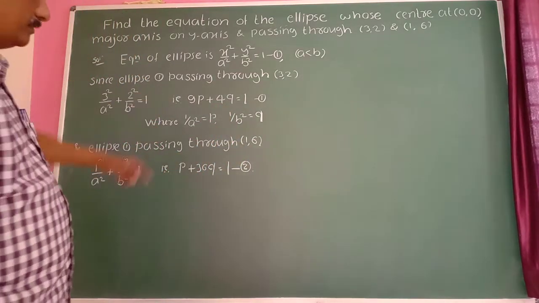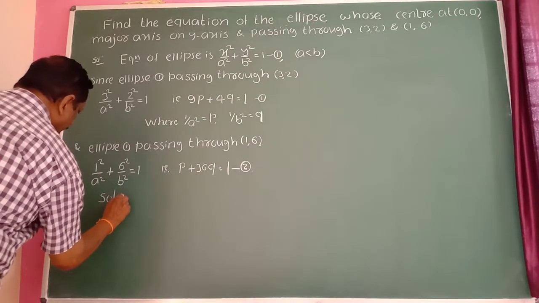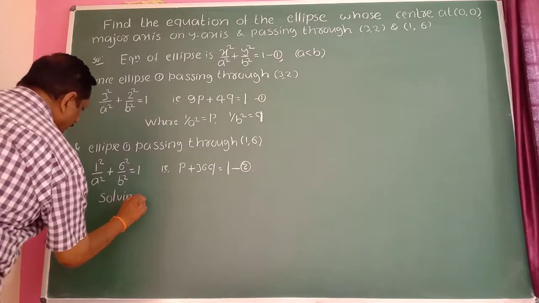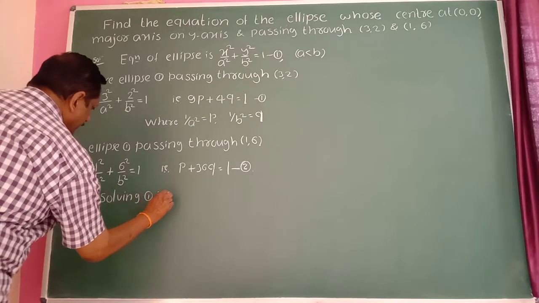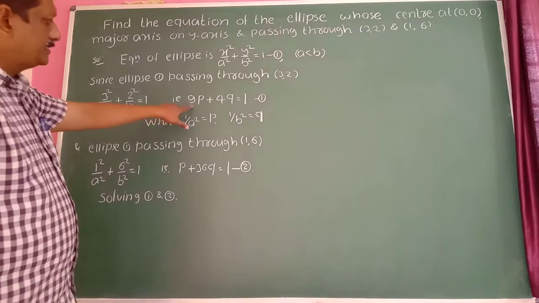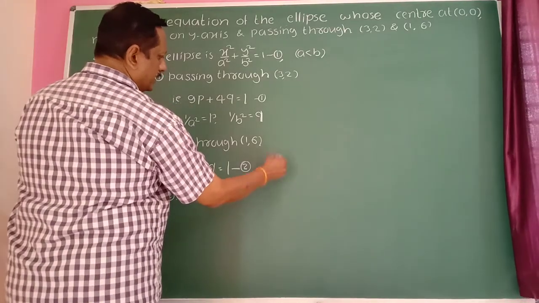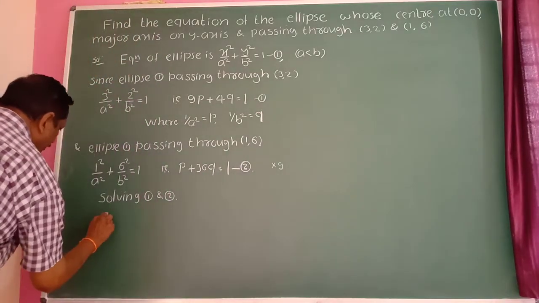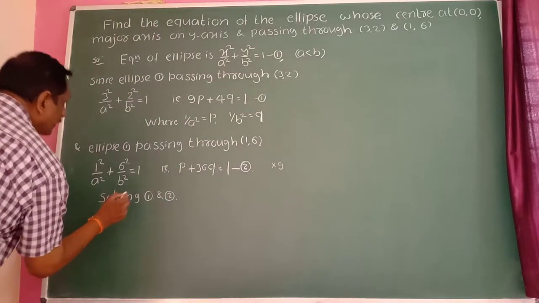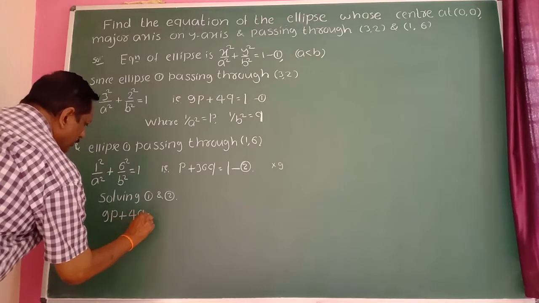Then solving equations 1 and 2. There is a 9p here, only p. Therefore, multiply this equation by 9. Therefore, 9 into p plus 4 into q is equal to 1.